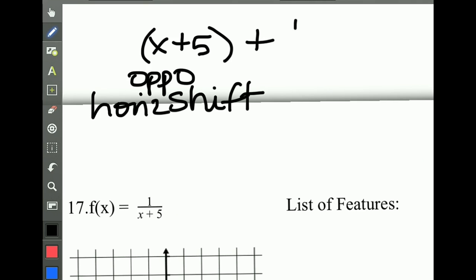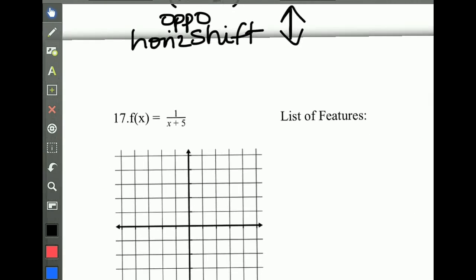If there was a number outside, that was a vertical shift, up or down. Okay, so same kind of shift happens here.